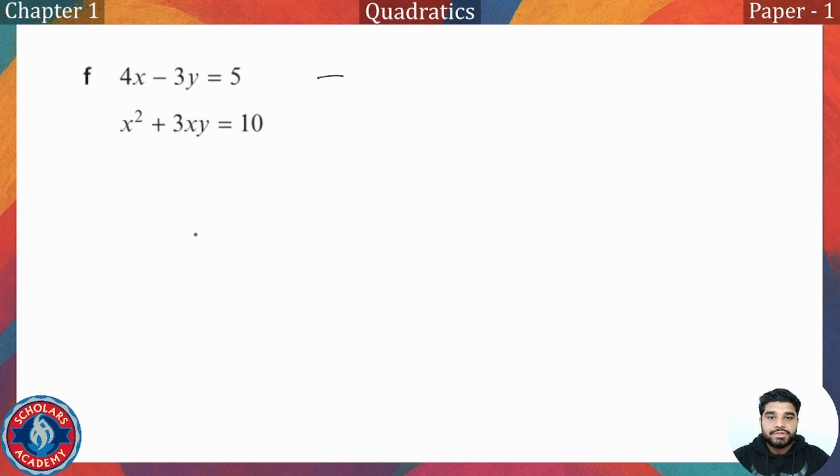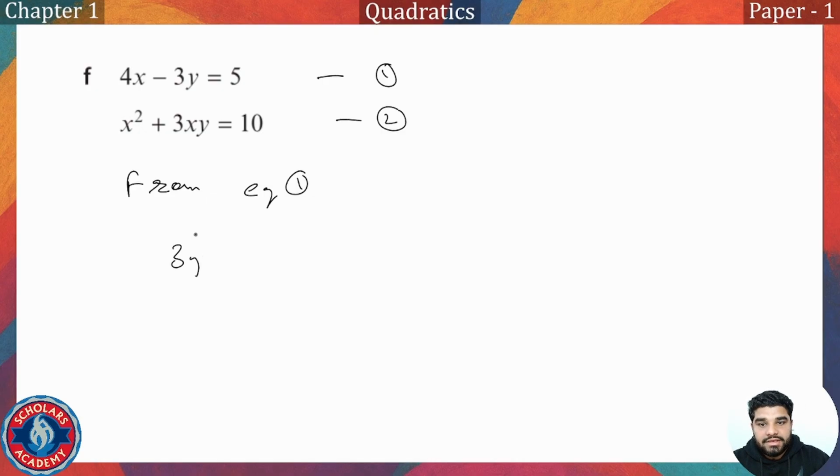So we have two equations, equation 1 and equation 2, and we find the value of y from equation number 1. From equation 1, I'll try to find the value of y. So I get 3y is equal to 4x minus 5, and y is equal to (4x minus 5) by 3.